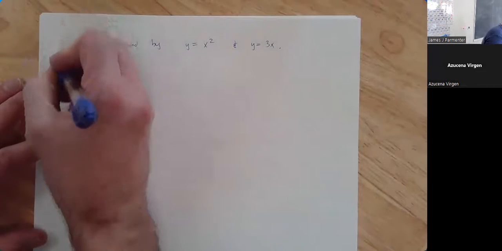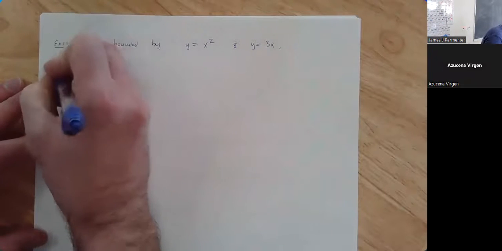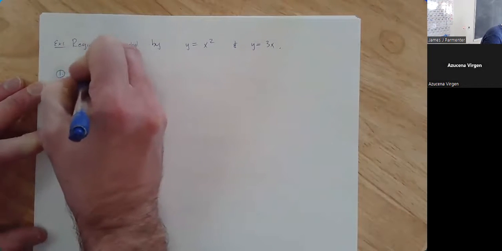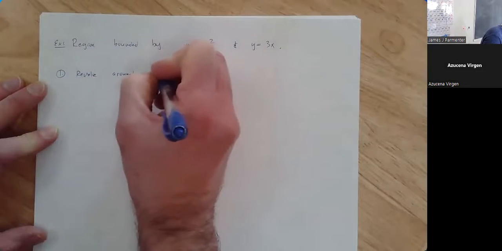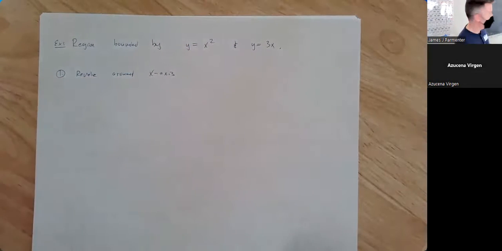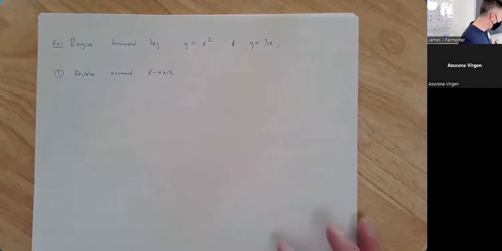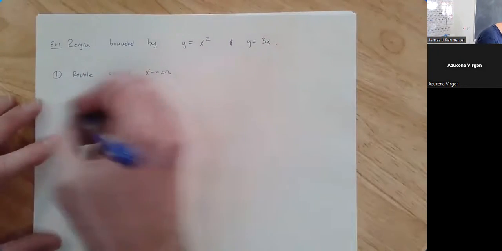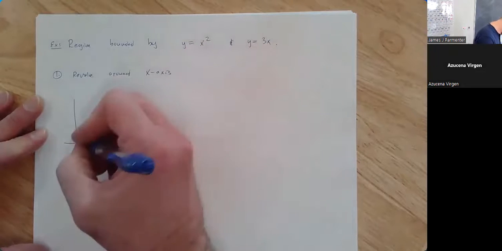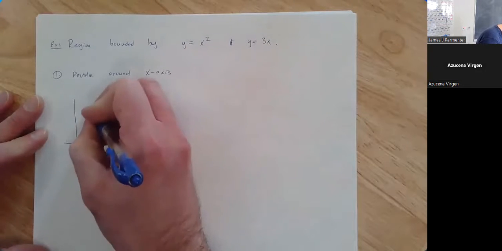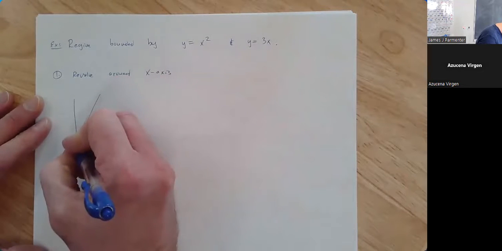So first, we're going to revolve it around the x-axis. We don't have to draw the region, but I find it useful to draw the region. So we're looking at y equals x squared and y equals 3x. y equals 3x looks something like this, and y equals x squared looks something like this.